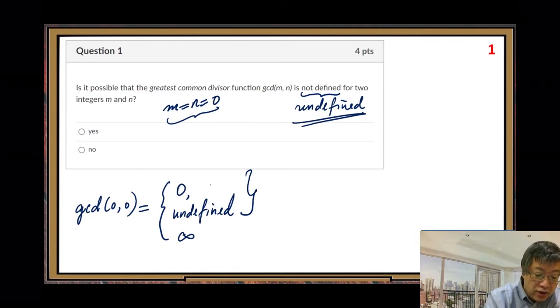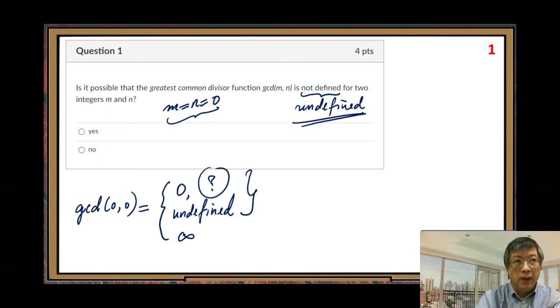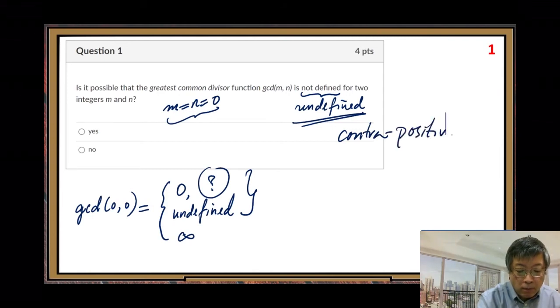First, let's consider the first case. Is 0 correct or not? Here we use the contrapositive method.